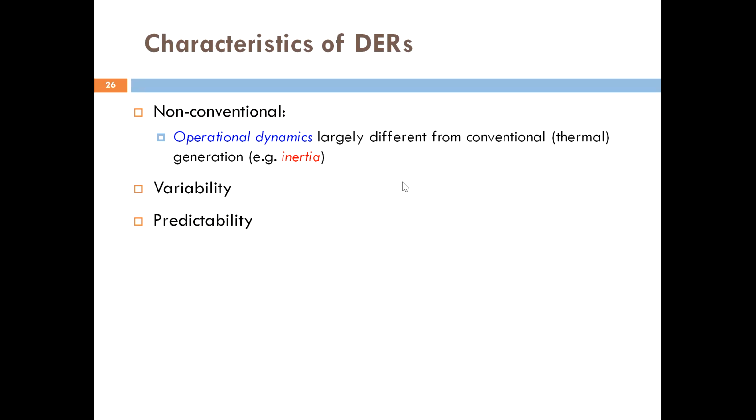So again, renewable-based generation, which is dependent on weather conditions, does not have very good predictability, and that also affects the controllability. So when we look at the characteristics of distributed energy resources, we find that these are some of the very important aspects that we have to consider.